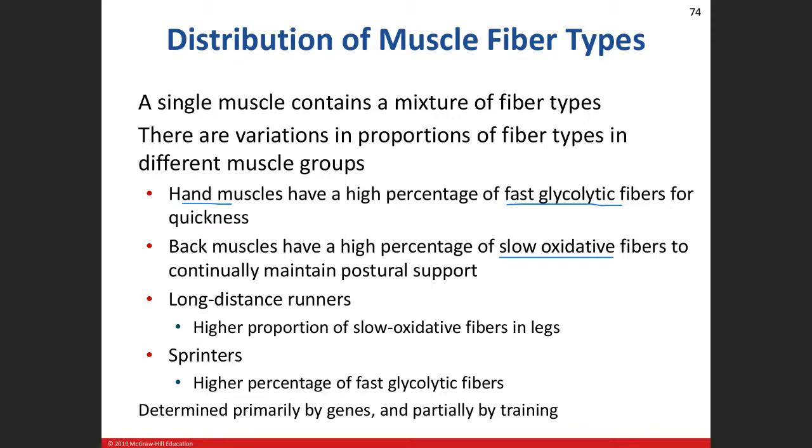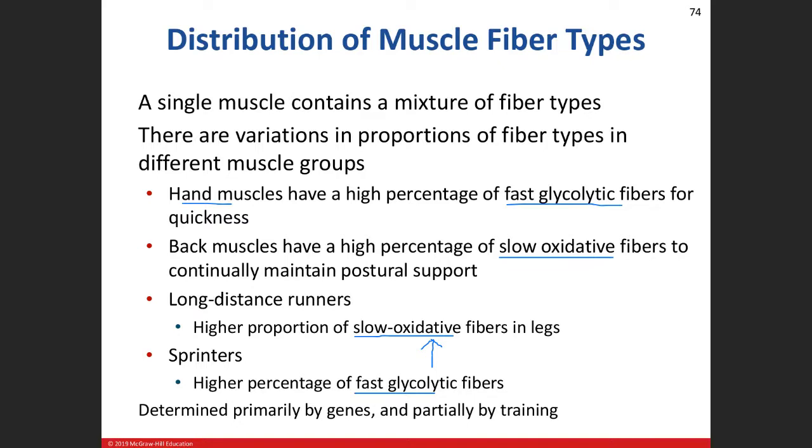Long distance runners are going to have those slow oxidative fibers, because they need the oxidative fibers predominantly for all that ATP production. Sprinters, fast glycolytic, because they have to be able to generate that powerful, quick contraction.